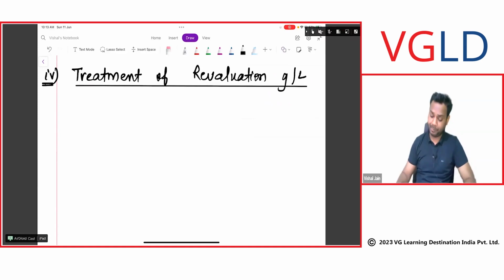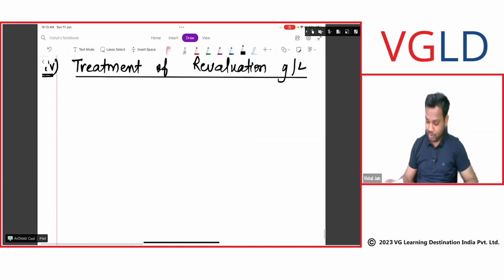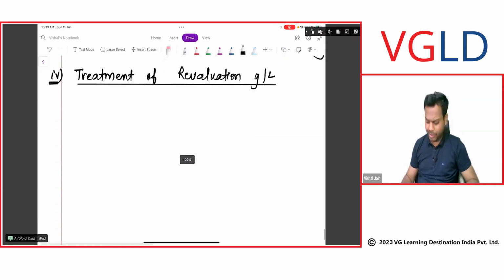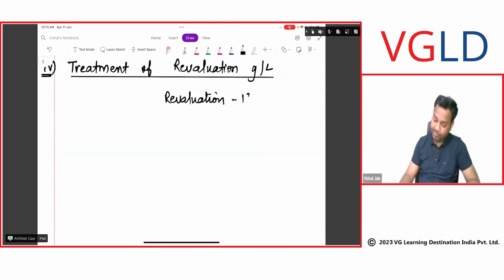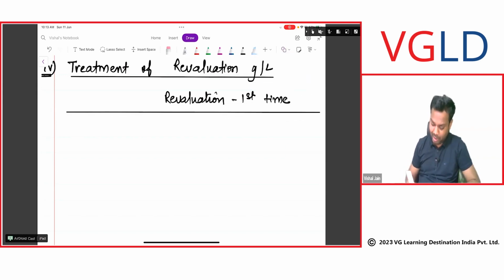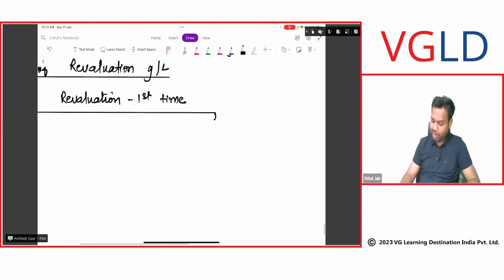Okay, now understand. Quite easy topic this one, but understand it. You did the revaluation for the very first time for an asset, and there are chances that it can be a revaluation gain or it can be a revaluation loss.